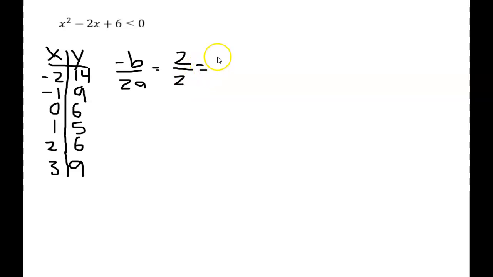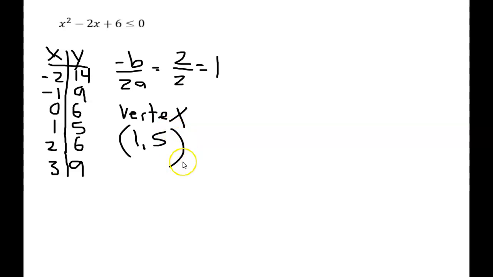And that's just equal to 1. So our x value for the vertex is 1. And I already did a nice little table over here, so I'm just going to use that, which means my y value there is 5. So the vertex is (1, 5).